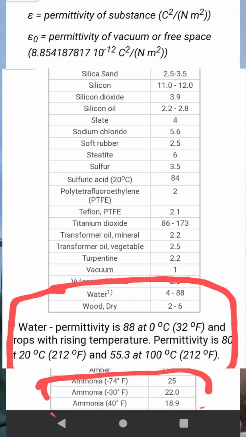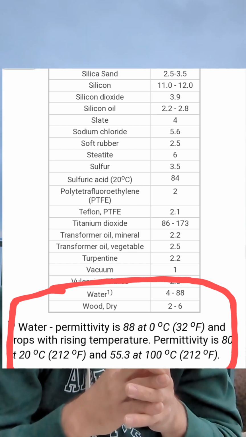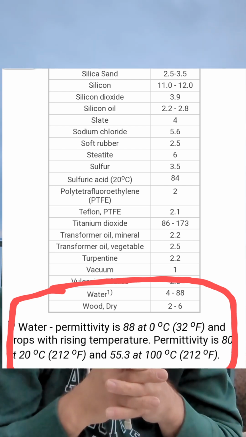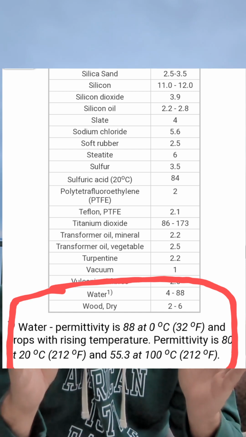You'll see the electric permittivity of water at near boiling versus when it's cold, at 4 degrees Celsius, close to freezing. Relative permittivity is about 88 when it's cold, and when it's hot or close to boiling, it's more like 55. So there's a huge reduction there.